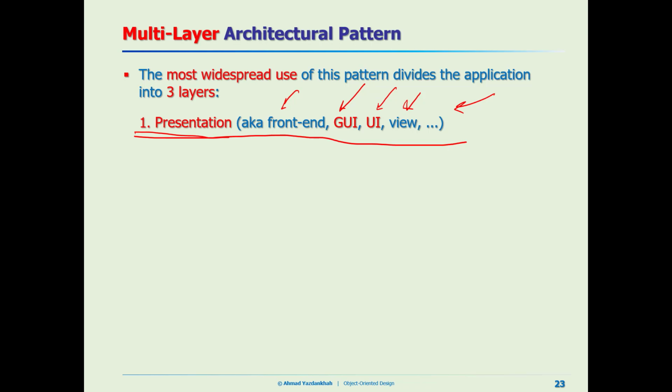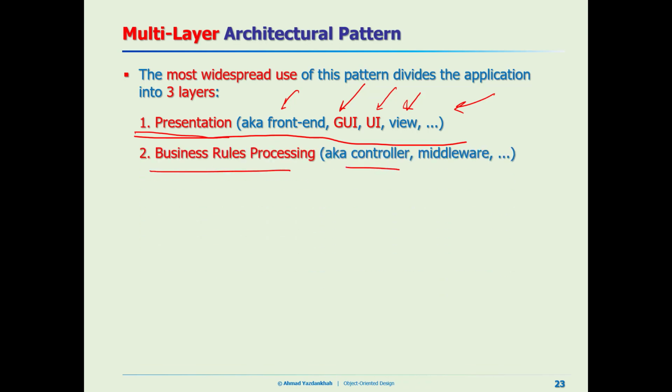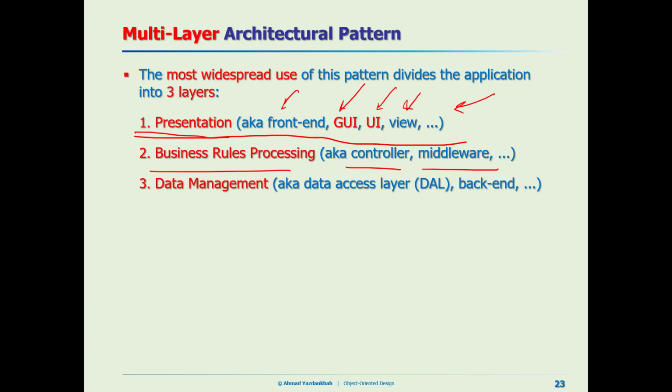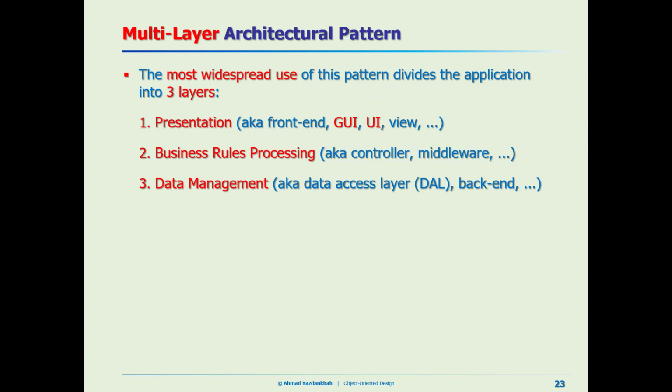The presentation layer's job is to provide the data to the user and get the data from the user. All right. The second layer is called the business rules processing layer. We call them controllers or middleware, etc. And the data management layer is the third layer.